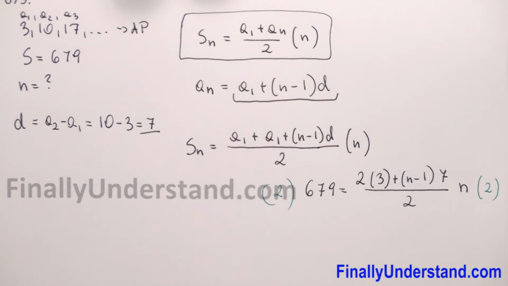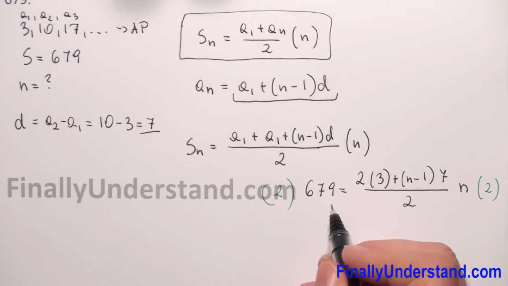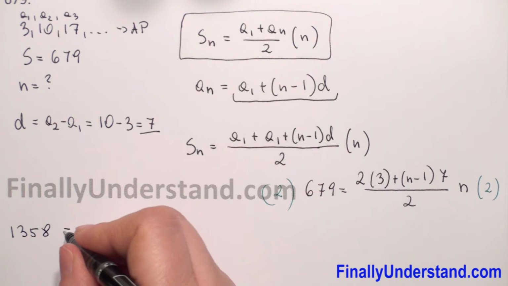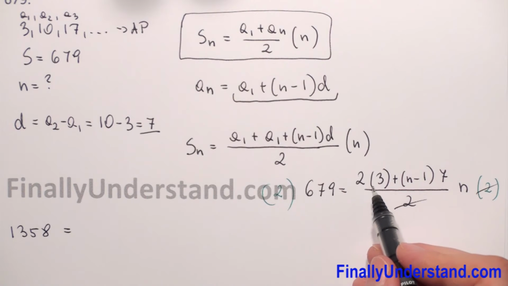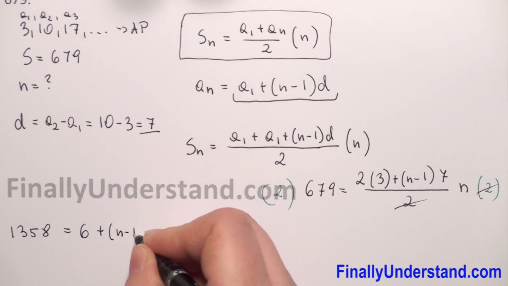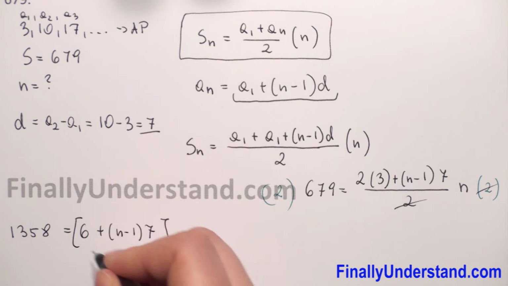Let me start to write from the beginning. So 2 times 679 is 1358, and this is equal to, and 2 we can reduce, so we have in our numerator 2 times 3 is 6 plus n minus 1 times 7, and everything we have to multiply, so I will take in brackets, by n.